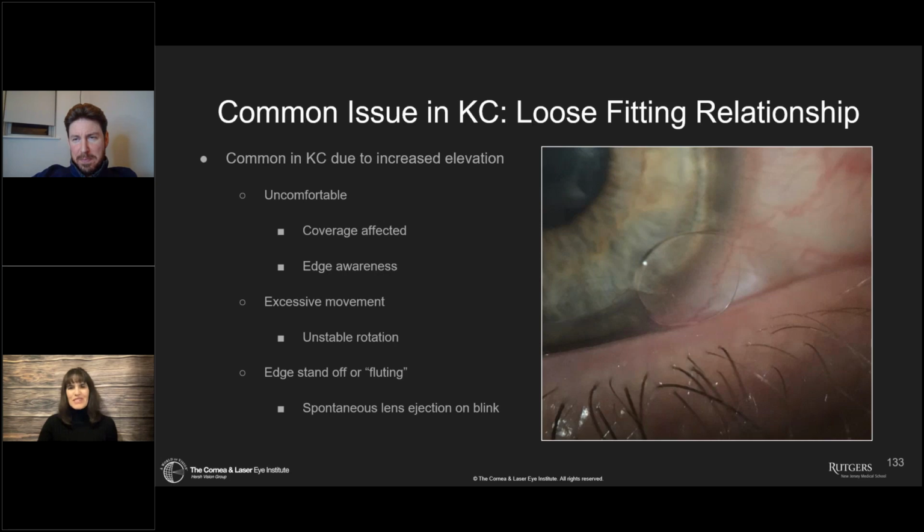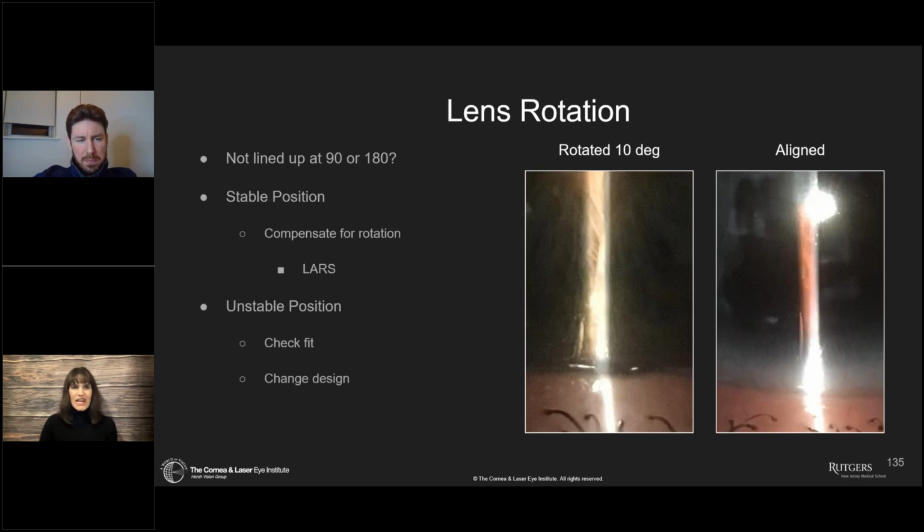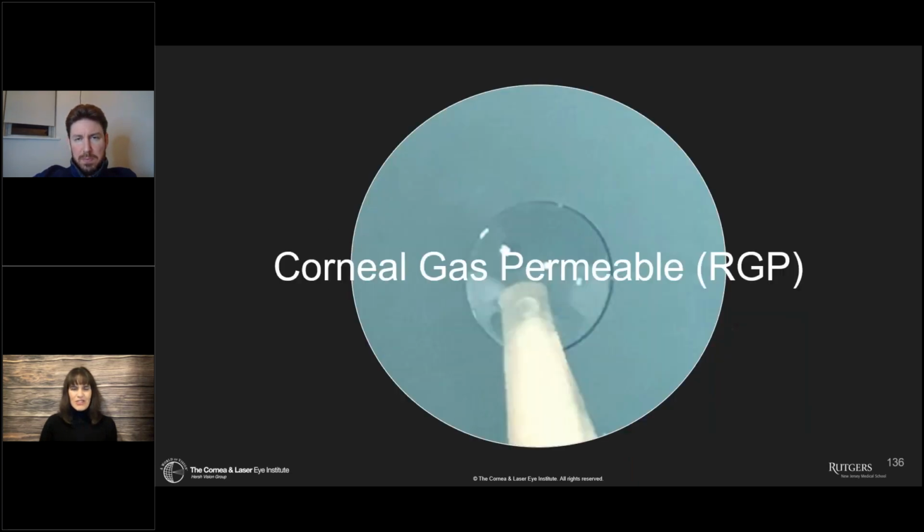But there can be a lot of problems with standard soft lenses. There can be fluting, as you can see here, excessive movement, and poor comfort, and again, it's really important that we maintain ocular physiology. So here are some parameter ranges. But I would say moving on to a custom soft would be a much better option.